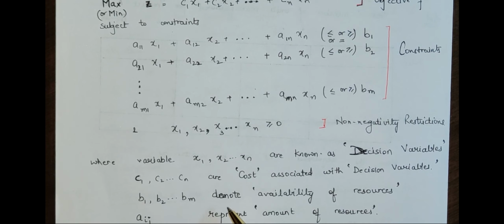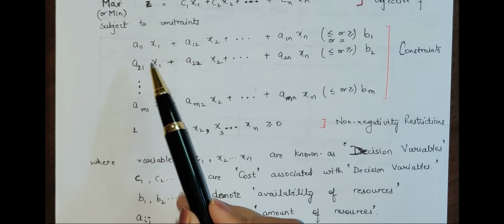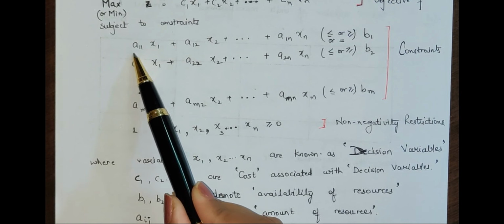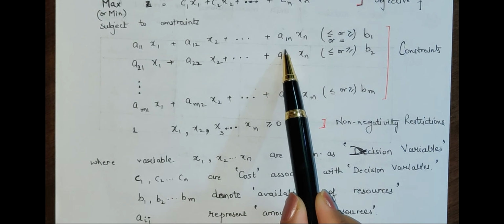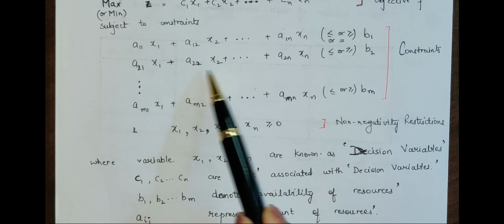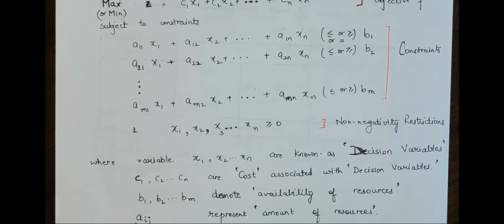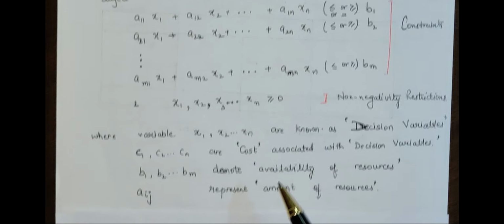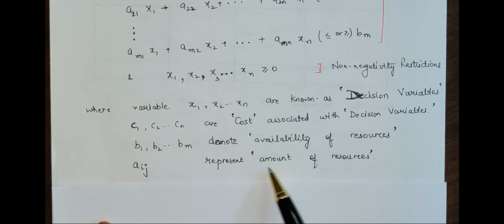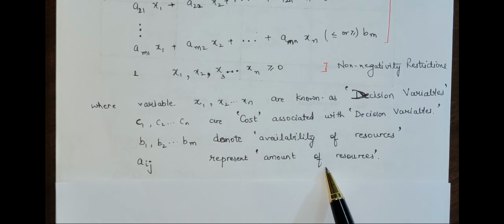These denote the availability of resources. And the last symbols involved are a11, a12, a13 till a1n, and a21, a22 and so on till amn. These aij are representing the amount of resources, whatever resources are available in the mathematical problem.